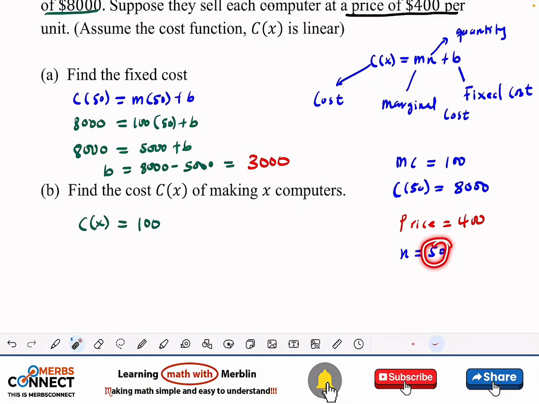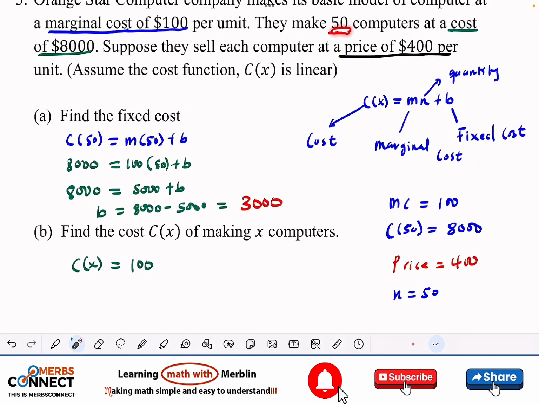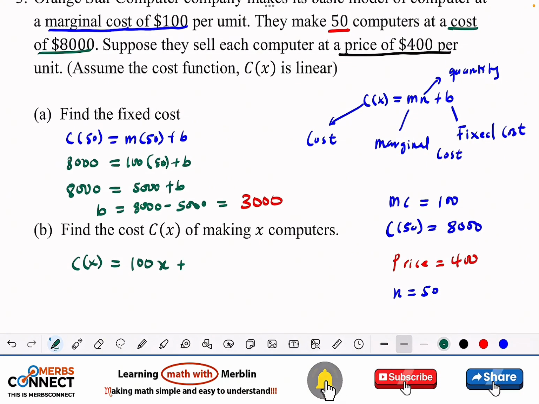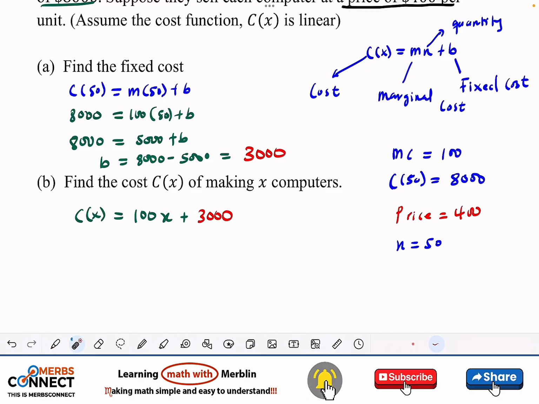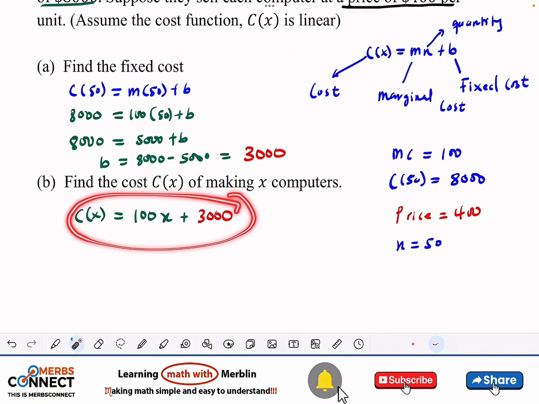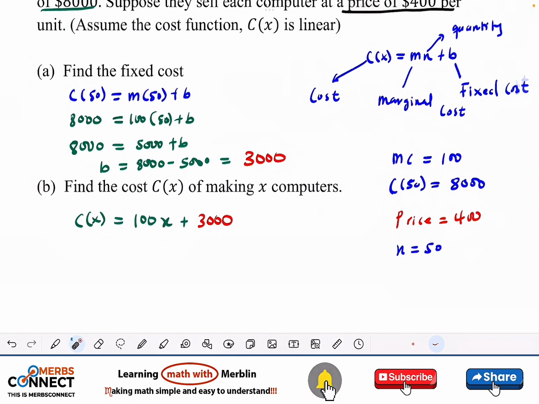We know x, but the question did not mention 50 computers this time, it is x computers. So still x. Then plus, what is the b? The b is the fixed cost, which we just saw is 3,000. Good. So using this to find b, we are able to write out the cost function. So this will be the cost function that we are having here.